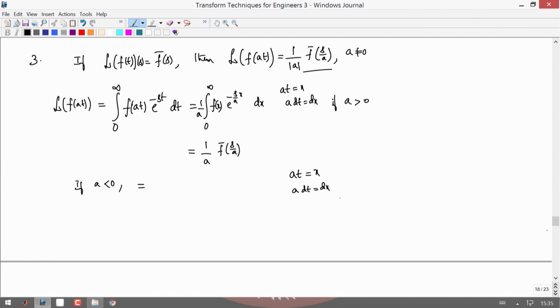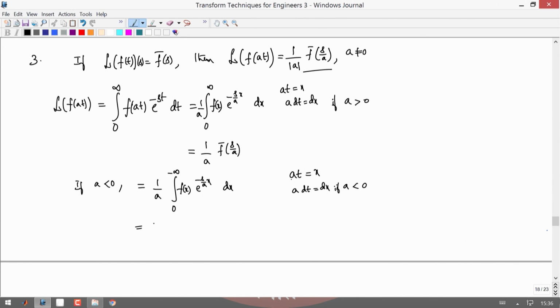So, 1 by a into dx as your dt, and this is from 0 to minus infinity, because if a is negative and you put t equal to 0, x is 0, and t at infinity gives minus infinity, f of x e power minus s by a x. This is what you have.